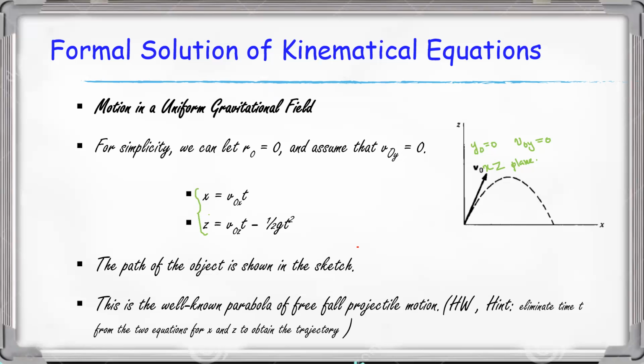The z must not contain t. Then you can show that it is a parabolic path.